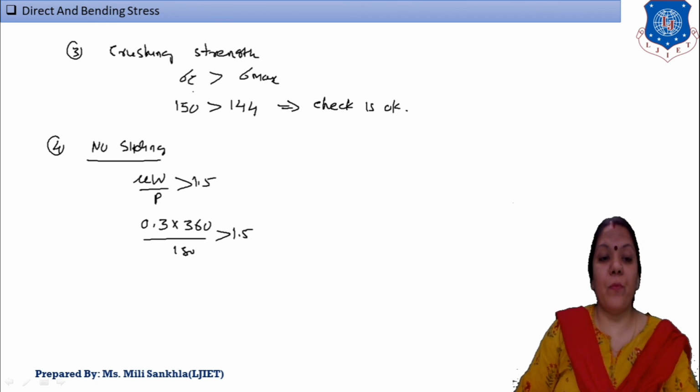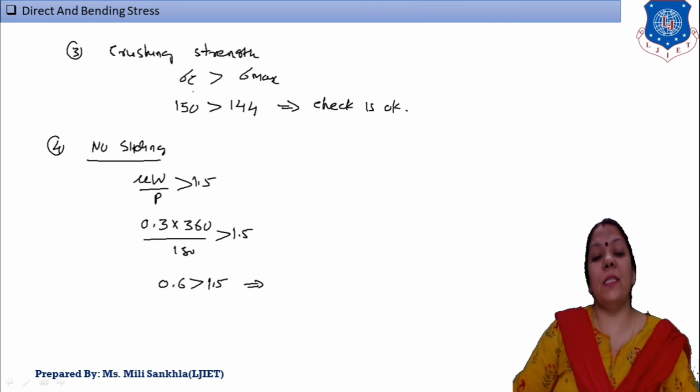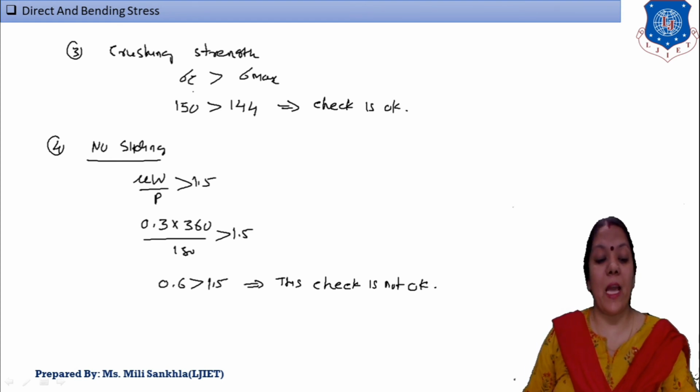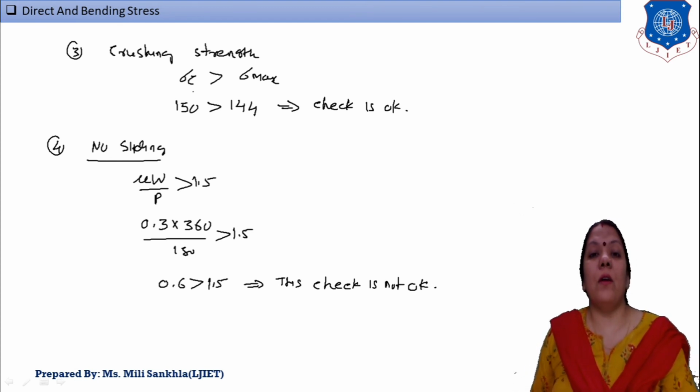My answer of this solution is 0.6 greater than 1.5. That means this check is not okay. Our dam is not safe for sliding. There will be chances of sliding of the dam, so we revise our section.